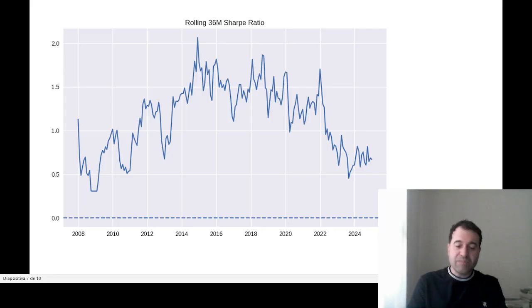No strategy performs perfectly every year. But the key observation is that the Sharpe remains positive across most market environments. That indicates a structural persistence, not just temporary luck.